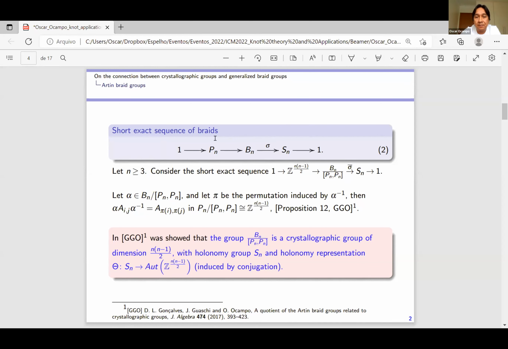You may take a quotient of this sequence by the commutator subgroup of the pure braid group. On one side you have the abelianization of the pure braid group, and in the middle group you have the total braid group modulo the commutator subgroup of the pure braid group.